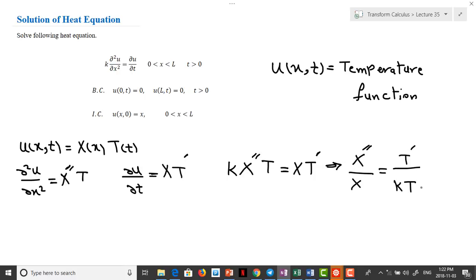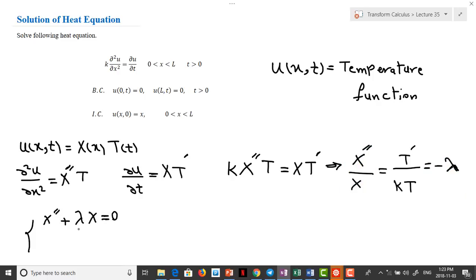So we have two functions of different variables. The left one is a function of x, the right one is a function of t. If they want to be equal, they have to be constant. We talked about it in the past lectures, and they should be equal to minus lambda. So we have X double prime over X is equal to minus lambda. As a result, we have X double prime plus lambda X is equal to 0.